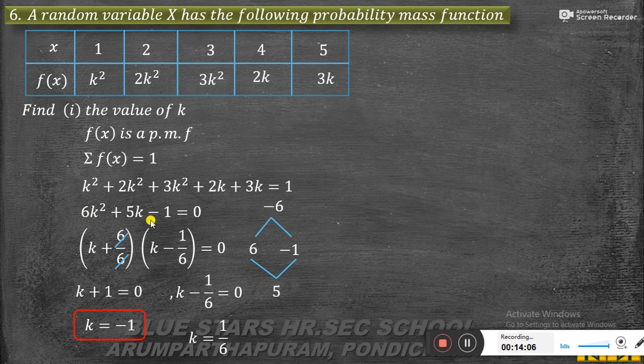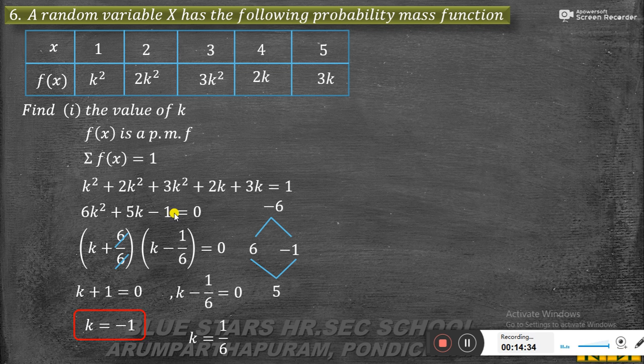So 6 into minus 1, minus 6, and the coefficient of k is 5. I add these two numbers, 6 minus 1, 5. So therefore I write it, that means 6k square plus 6k minus k minus 1 equal to 0.